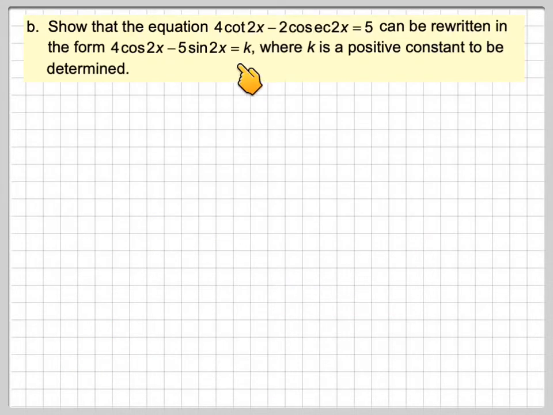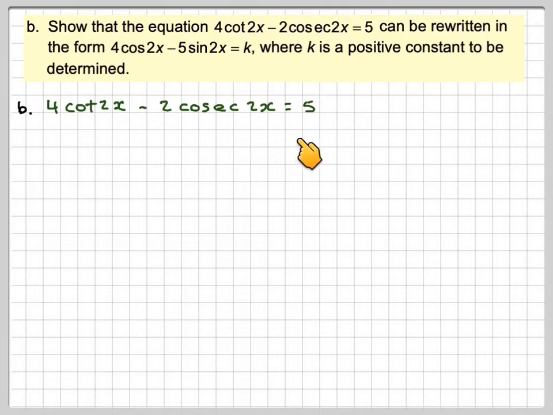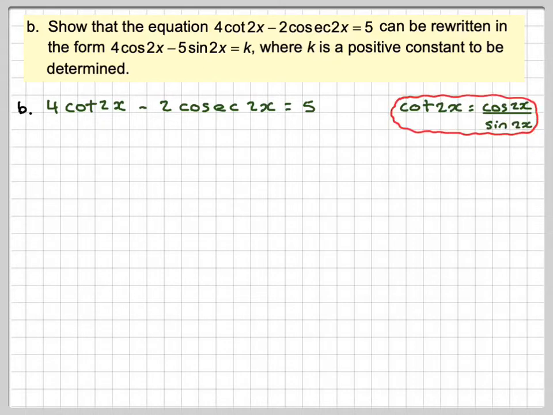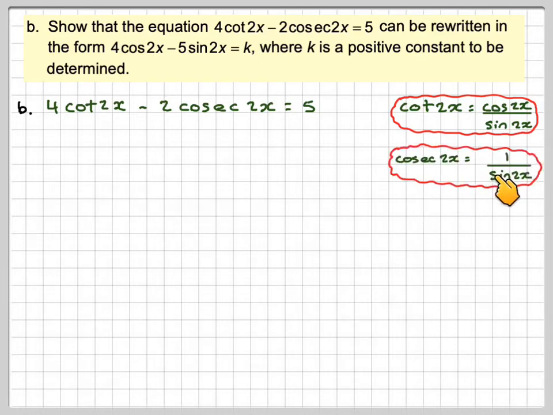So solve the equation 4 cot 2x minus 2 cosec 2x is equal to 5. Can be written in the form 4 cos 2x minus 5 sine 2x is equal to k, where k is a positive constant to be determined. So we've got 4 cot 2x minus 2 cosec 2x is equal to 5. Cot 2x is equal to cos 2x over sine 2x. Cot is cos over sine. And then cosec 2x is 1 over sine 2x.